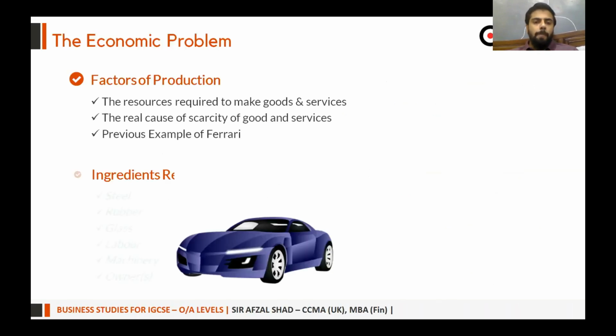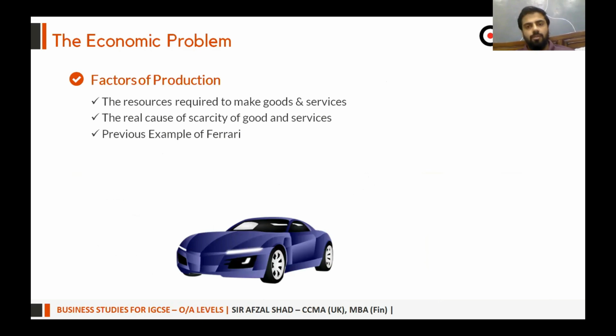Next is factors of production. So what are factors of production? Previously we talked about Ferrari having limited resources. When we talk about limited resources, the word resources is basically our factors of production. This leads to the definition.